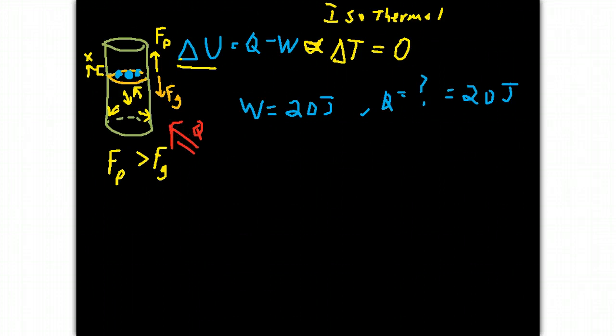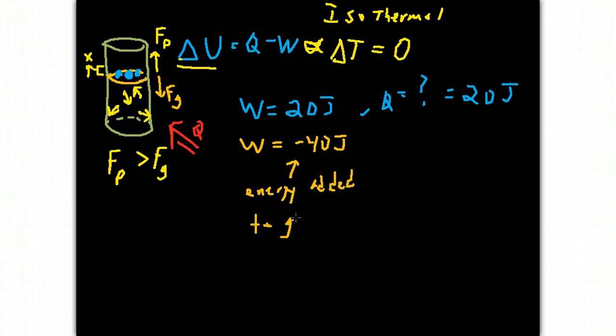If you saw something like this, where the work is equal to negative 40 joules, let's say, this is the work being done by the gas, this negative means that the gas is actually having energy added to it. And the way that that occurs is if the platform was dropping.